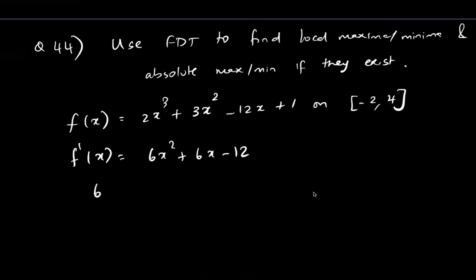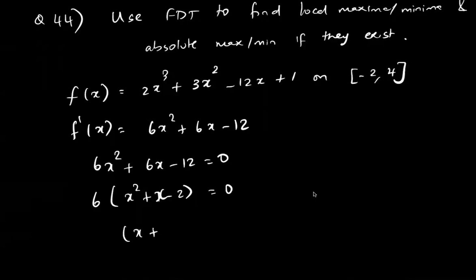Okay. So then I set it equal to 0. So my critical points are at x equals -2 and 1.